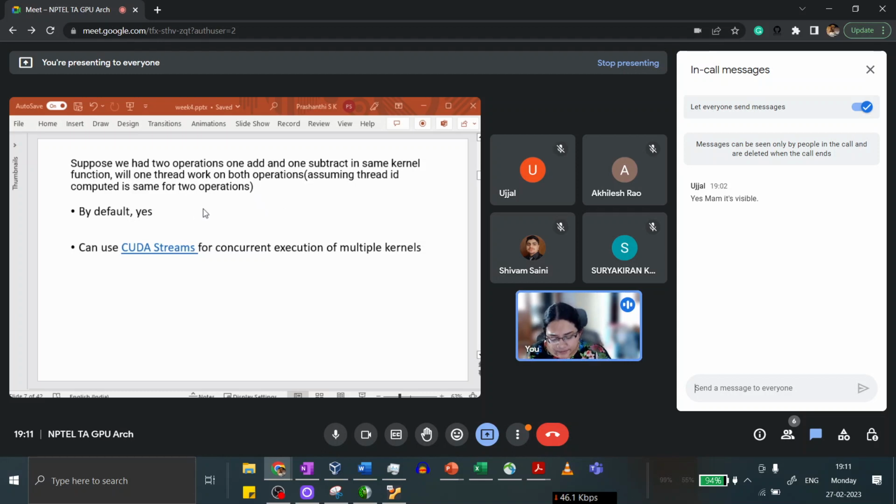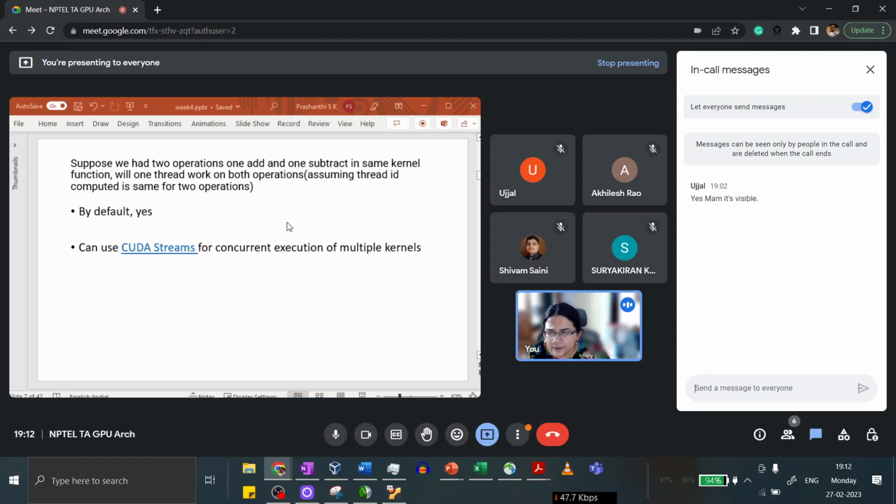So by default, the way we've been learning to write CUDA programs, if you just had one kernel where you had these add and subtract operations, one following the other, and the thread ID computed is the same, as in both act on the same element, then it will be one thread working on both the operations.